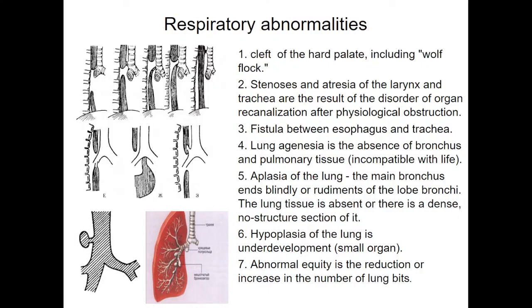If early violation of embryogenesis occurs, there could be the following respiratory abnormalities: cleft of the hard palate, including wolf mouth; stenosis and atresia of the larynx and trachea, which are the result of a disorder of recanalization after physiological obstruction; fistula between esophagus and trachea.